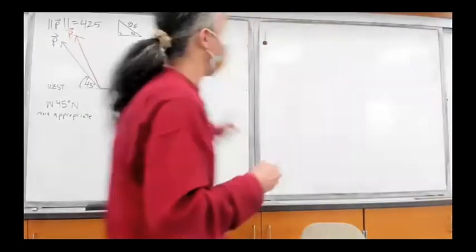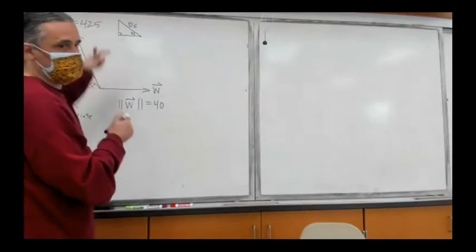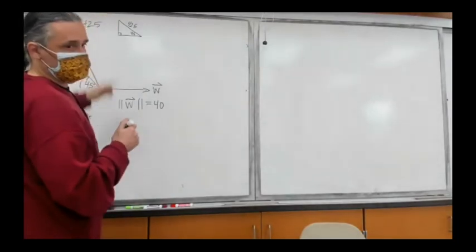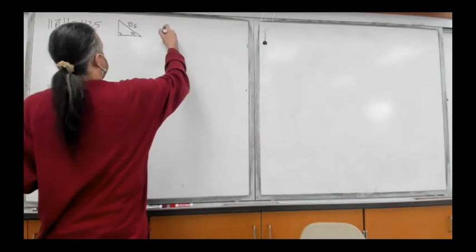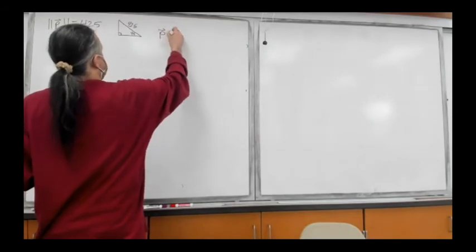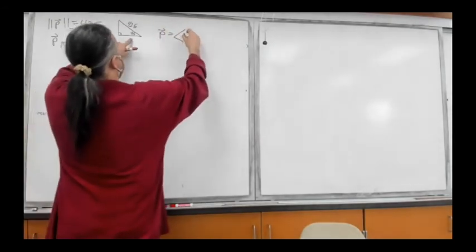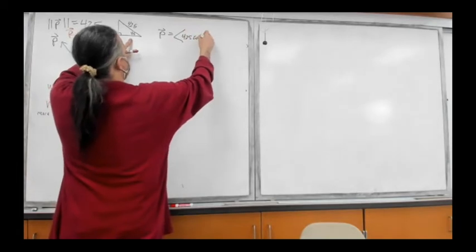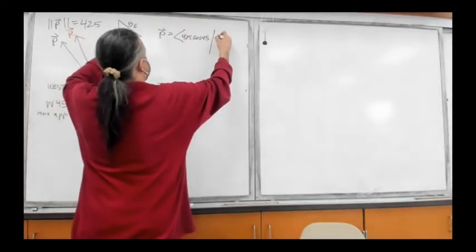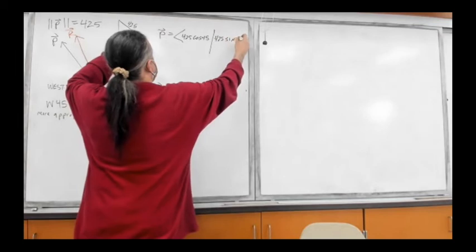And the y component, the vertical, is going to be based upon the sine of the angle. So our P vector equals ⟨425 cos 45°, 425 sin 45°⟩.